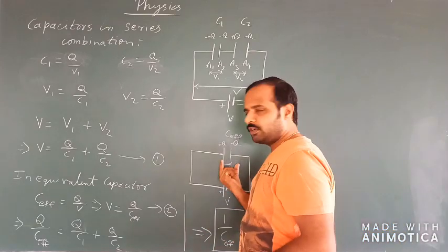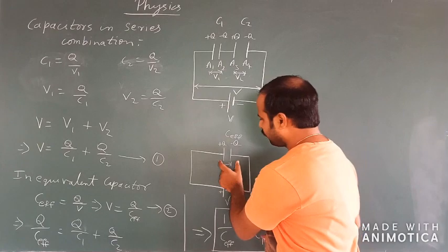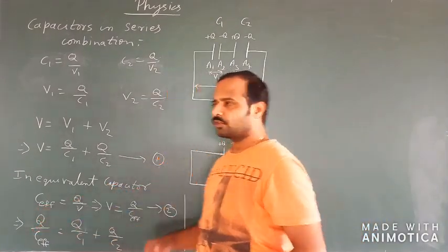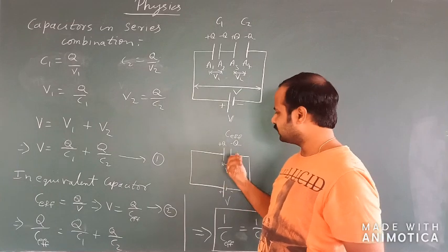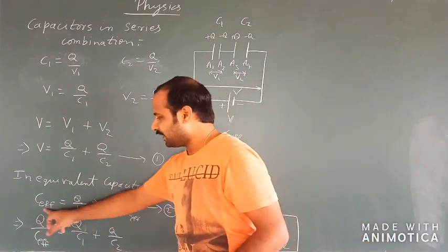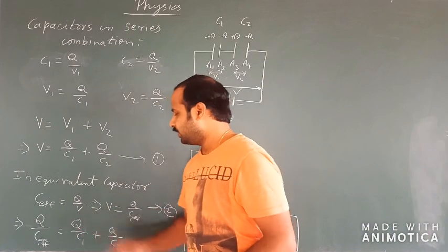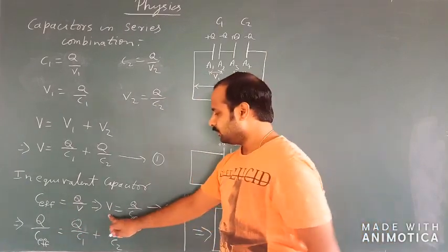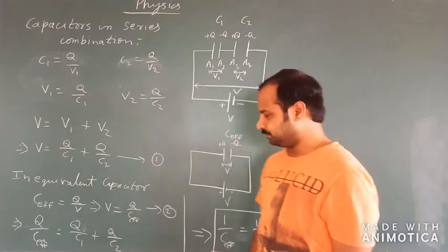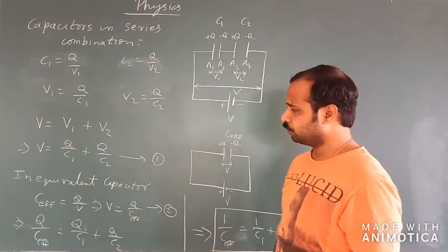This is called the equivalent capacitor. The capacitance of this capacitor we call the effective capacitance. It will be equal to Q by V, so I can write V equals Q by C effective. This will be equation number 2.